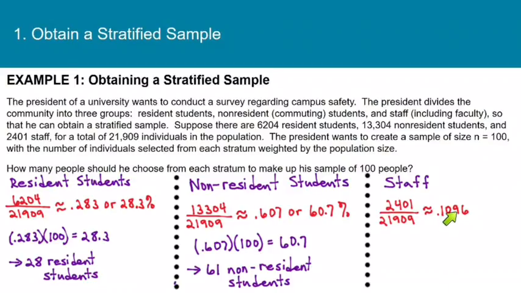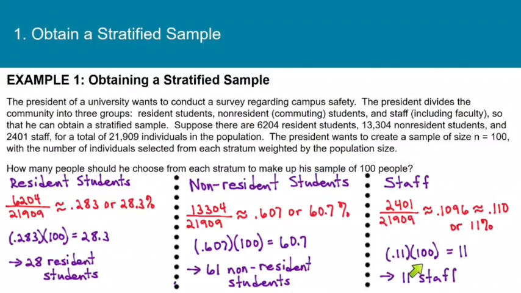And because this 9 is the last digit, when you round a 9 up, it goes to 0. And just like an odometer on a car, that's going to make this number turn to 1. So we're going to have 0.110 as our proportion of staff, and that's equivalent to 11%. And so we'll take 0.110, multiply that by 100, and we find 11 staff.